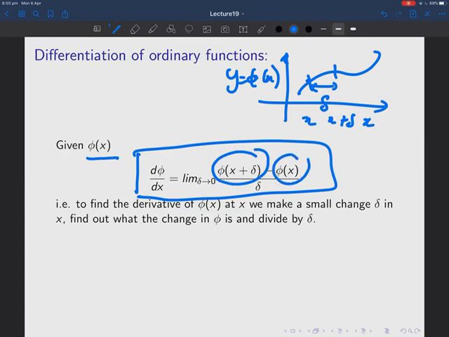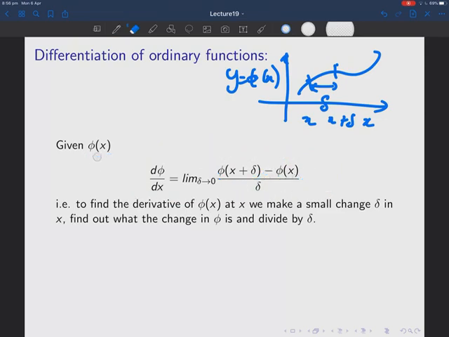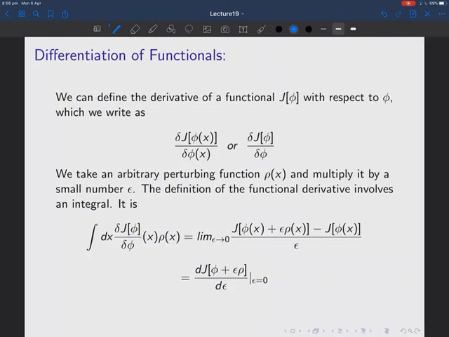Then you take the difference between the two phi's here, there and there, and divide by delta, which gives you the slope. So that's the practice you do to get the derivative: make a small change delta in x, find out what the change in phi is, and divide by delta. And that's the end. That's how you define the derivative of an ordinary function.